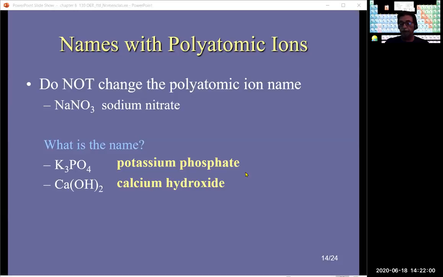If you ever take Tums for an upset stomach, that is what you are ingesting, calcium hydroxide, because the hydroxide is a base, and we're going to talk about that next chapter. Okay, SO4, recognize that as a polyatomic ion. That's called sulfate. Zn is zinc, so its name will be zinc sulfate.